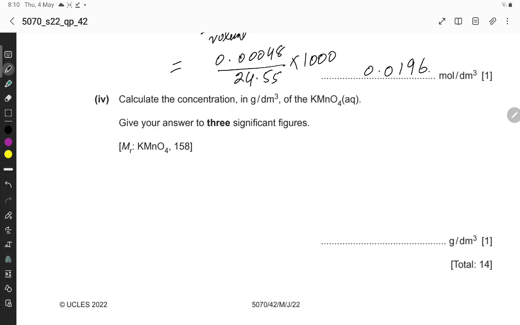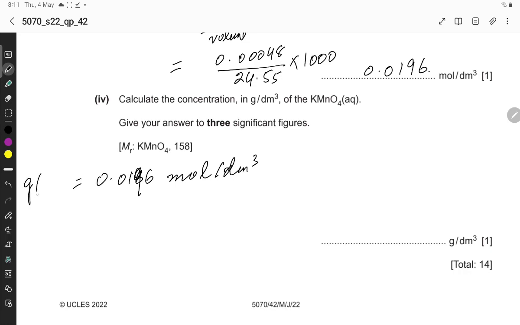This is mole per dm cube, which is 0.0196.